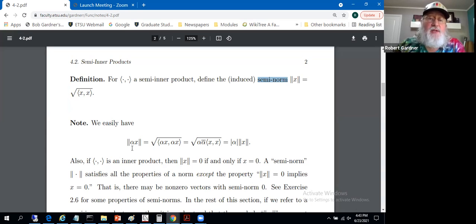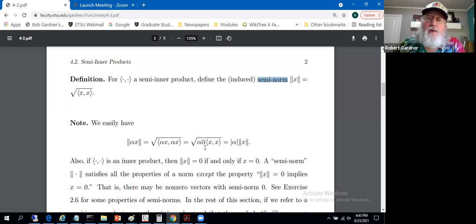So if we take the norm or semi-norm of alpha x, by the definition we just had, that would be the square root of the inner product of that vector with itself. We can bring the scalar in the first variable out. We can bring the scalar in the second position out, but it comes out with a conjugate. So we get alpha times alpha conjugate.